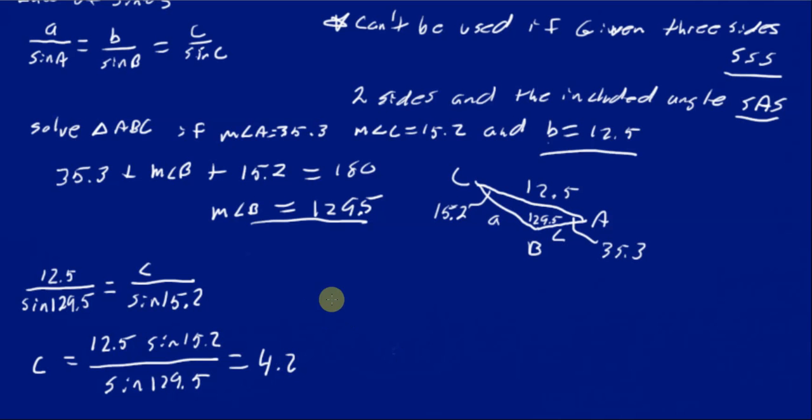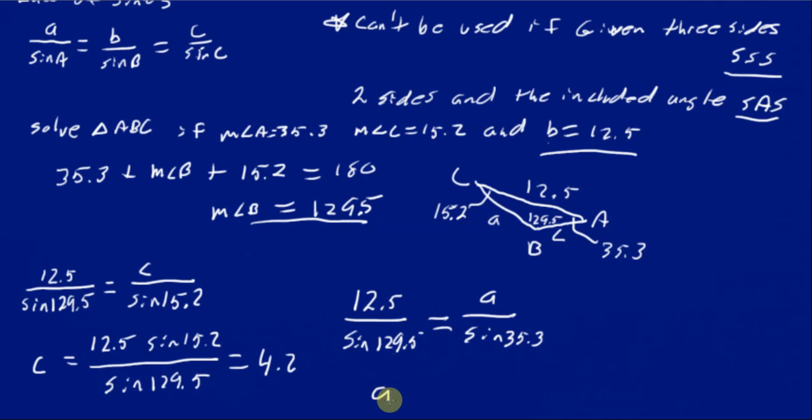And we're going to do the same exact thing for A. Don't use the 4.2 and angle C because this is rounded. This was given to us as 12.5. So 12.5 is to the sine of 129.5. It wouldn't be wrong to do it the other way. That's going to equal, now what do we have to find? A. So that's going to be the sine of angle A, which is 35.3.